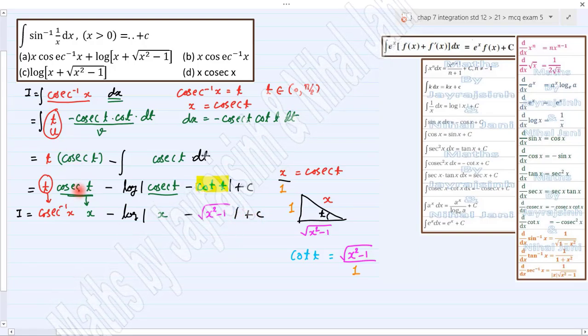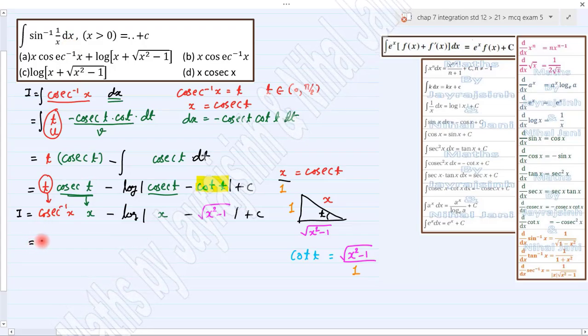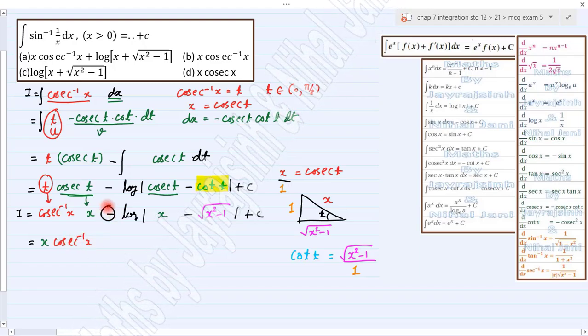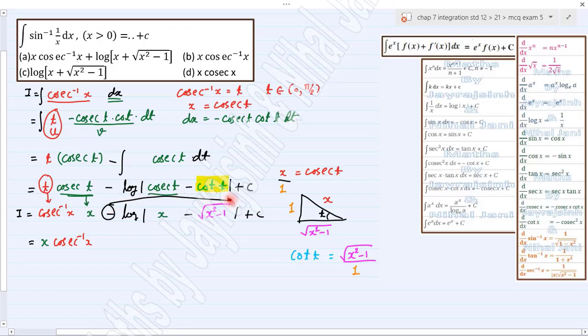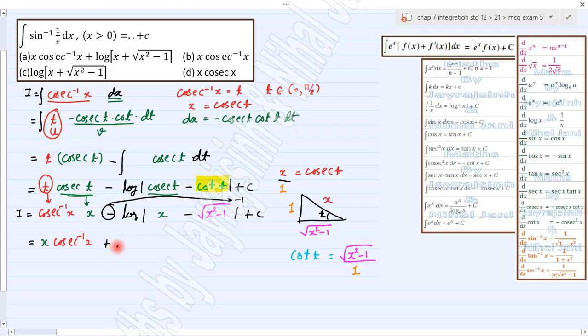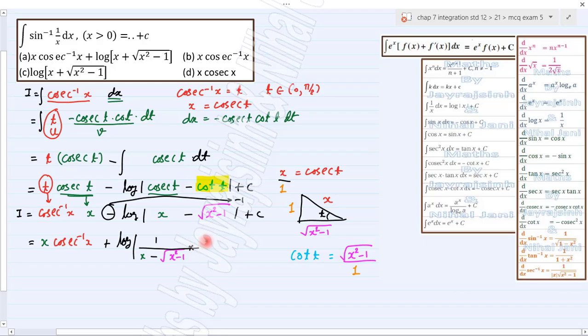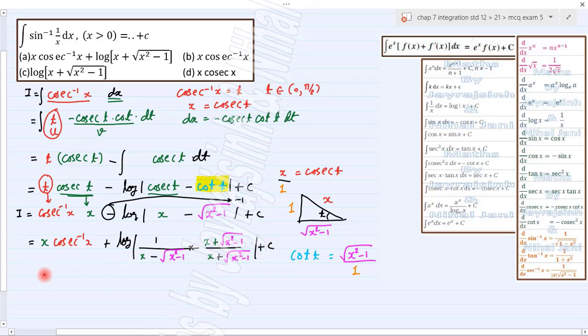plus c. But our answer is not given in the option, so let's simplify. Your first term will remain as it is, and we can say this coefficient will go within the power of your term. So we can say we have plus log of 1 upon x minus under root of x square minus 1. And to simplify this, we have to multiply and divide by conjugate of the denominator plus c.